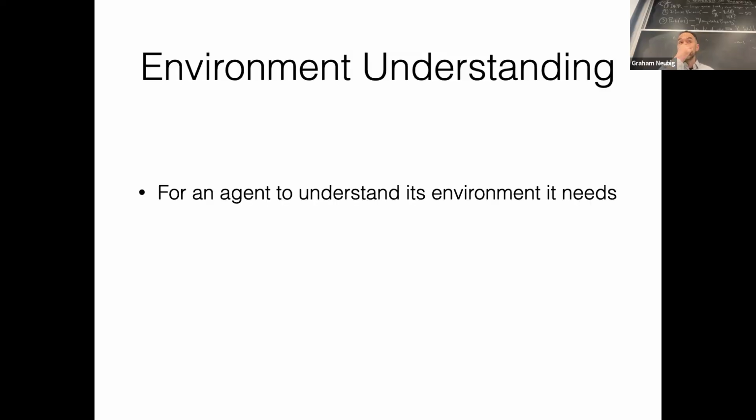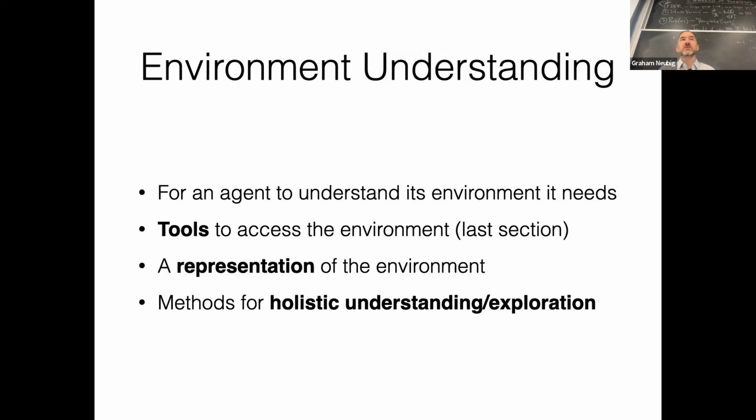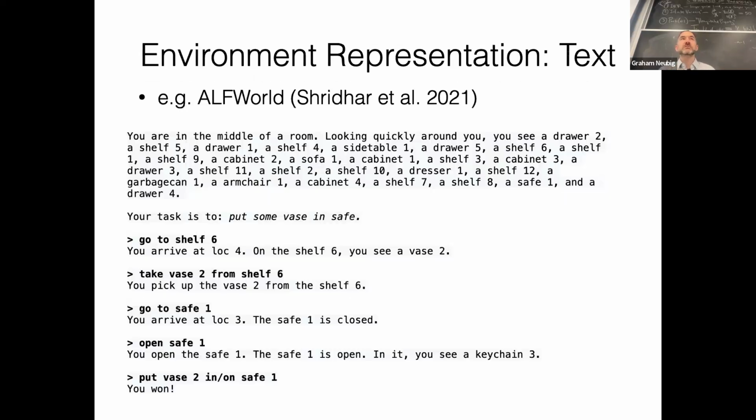Environment understanding is really important. In order for the agent to understand the environment, it needs tools to access the environment, like in the last section. It needs a representation of the environment and methods for holistic understanding and exploration. There's a bunch of ways we represent environments. The first way is just through text.